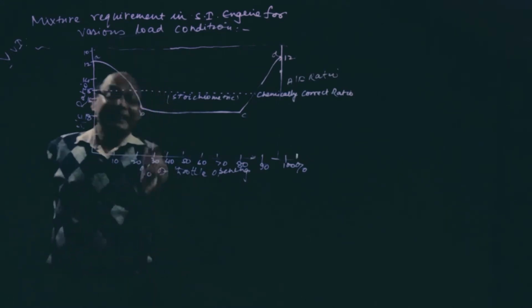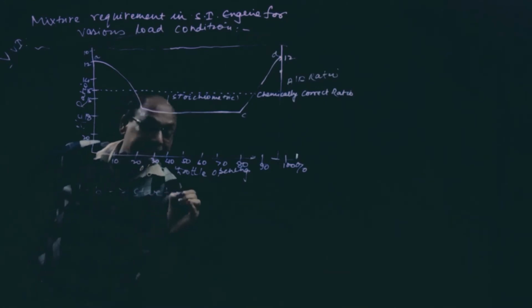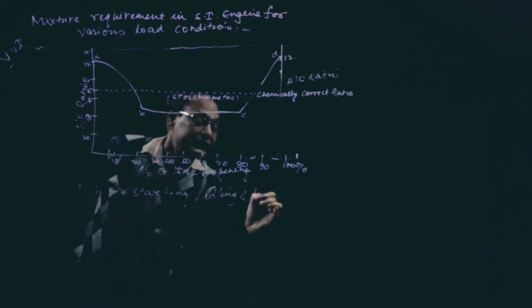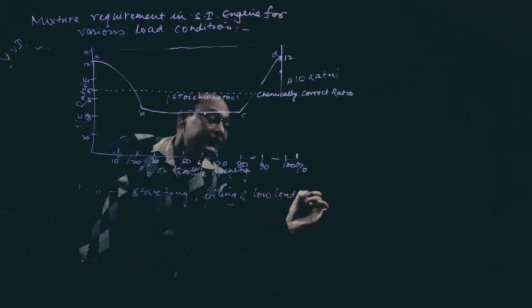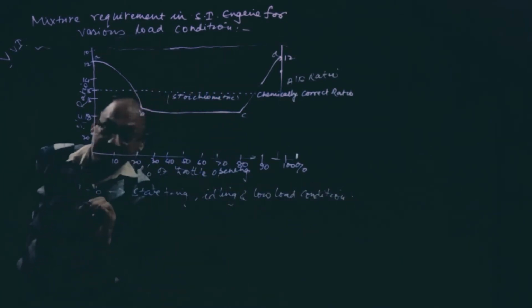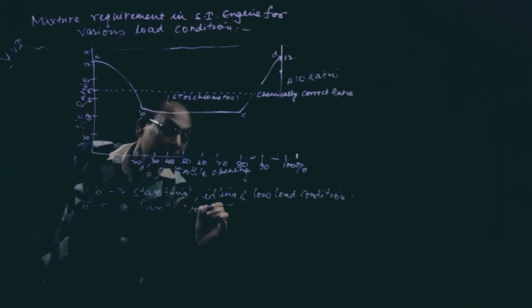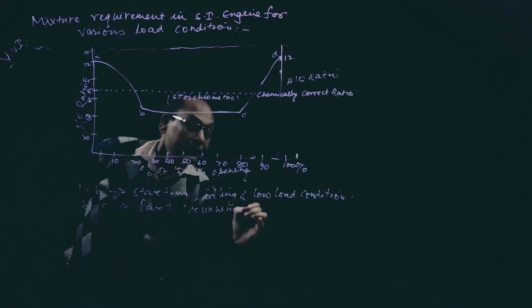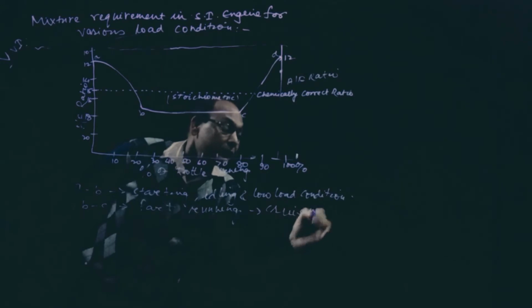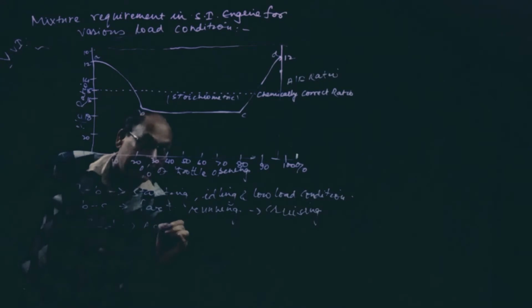Now AB portion is called starting, idling and low load condition. B to C is part running load condition, that is also called cruising. Number 3, C to D is called acceleration.